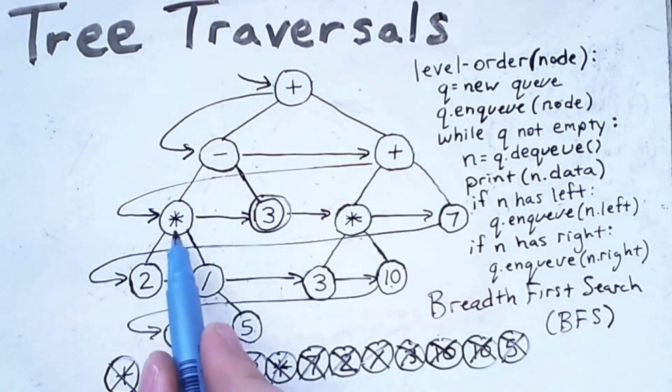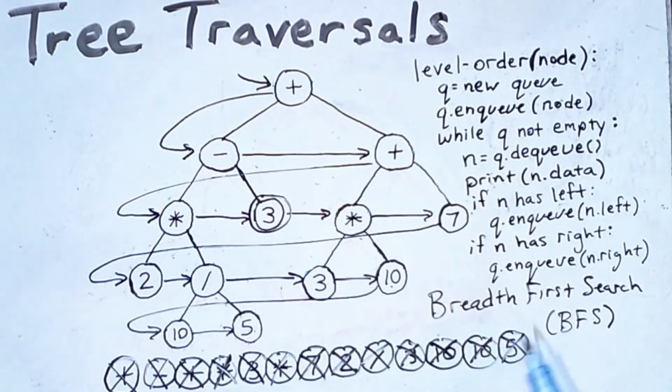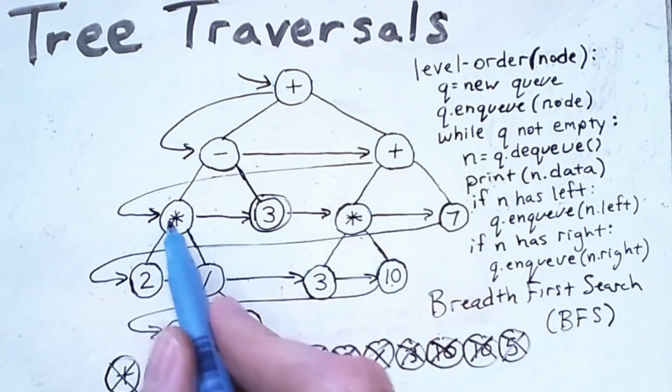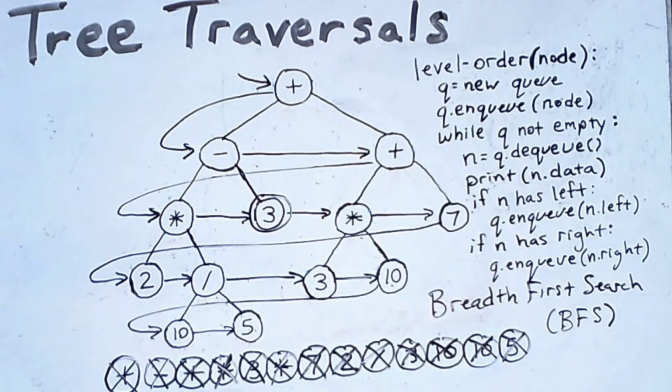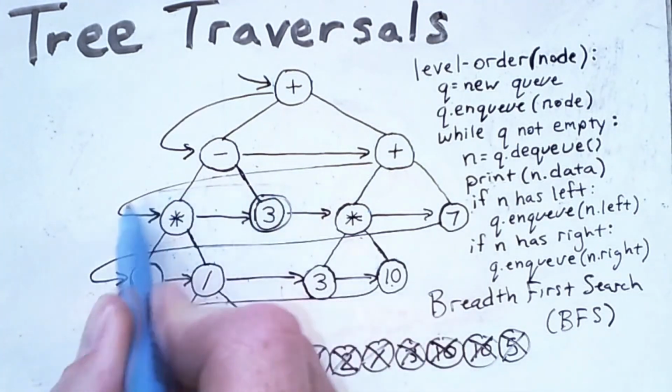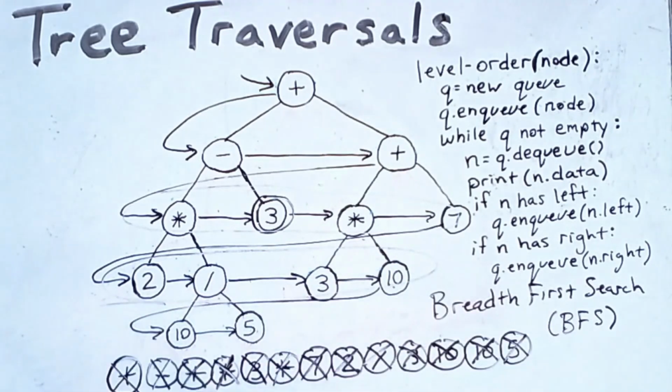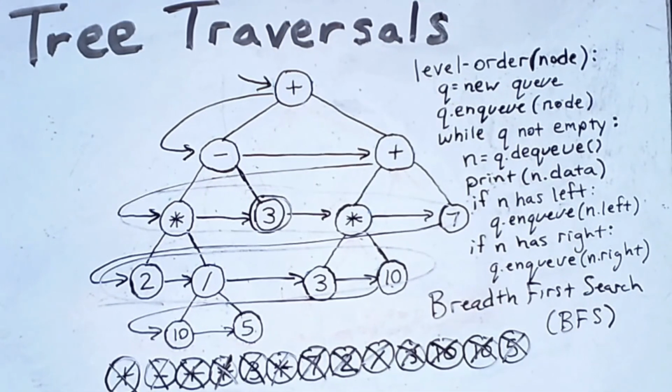And then for this level where we have these 4 things, if I were to visit this one, then this one, then this one, then this one, that would also be acceptable as long as I visited everything at this level before I visited anything at this level. So small distinction, but for simplicity's sake, simply think of level order as being roughly equivalent to breadth first search.